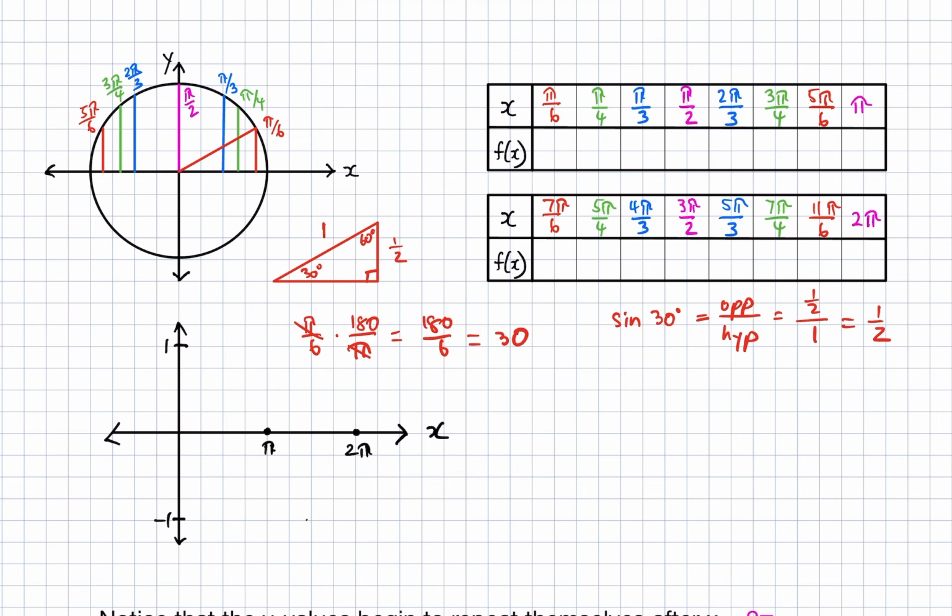Okay, so in this chart, we're going to go ahead and complete the y values. What you'll see is that the sine of pi over 6 is equivalent to 1/2. And then the sine of pi over 4 is square root of 2 over 2. And then the sine of pi over 3 is square root of 3 over 2.